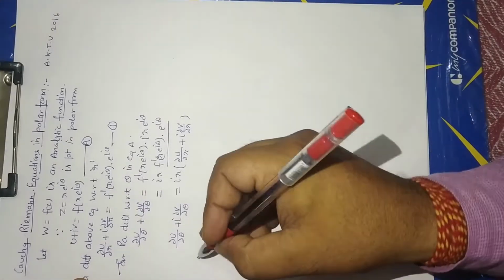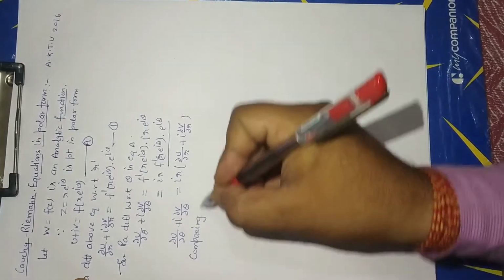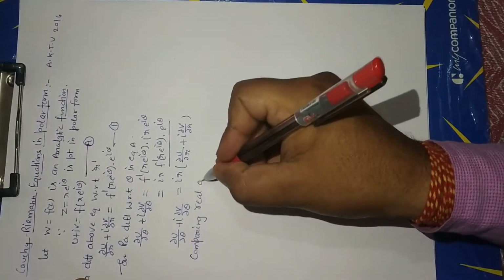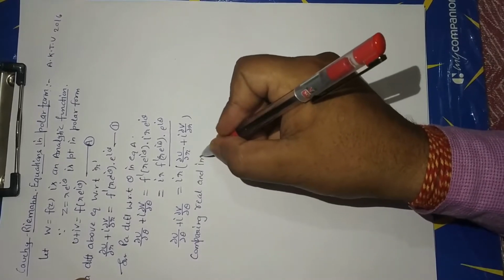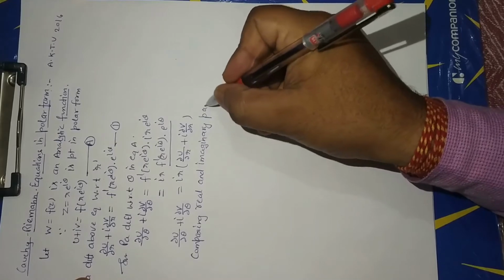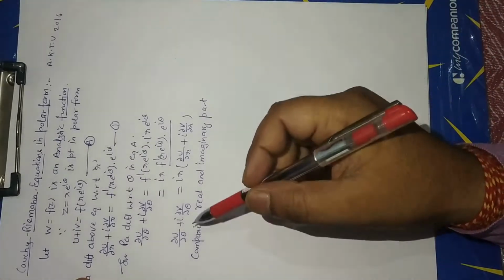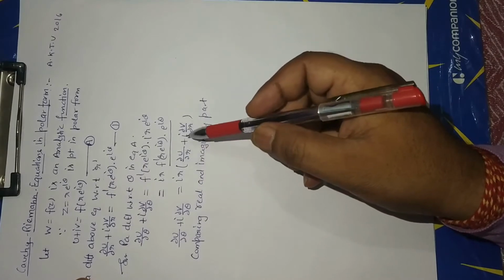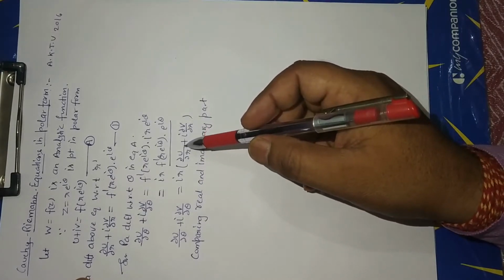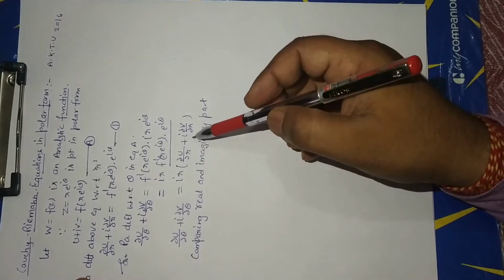Now comparing real and imaginary parts. The real part of this is equal to the imaginary part of this.